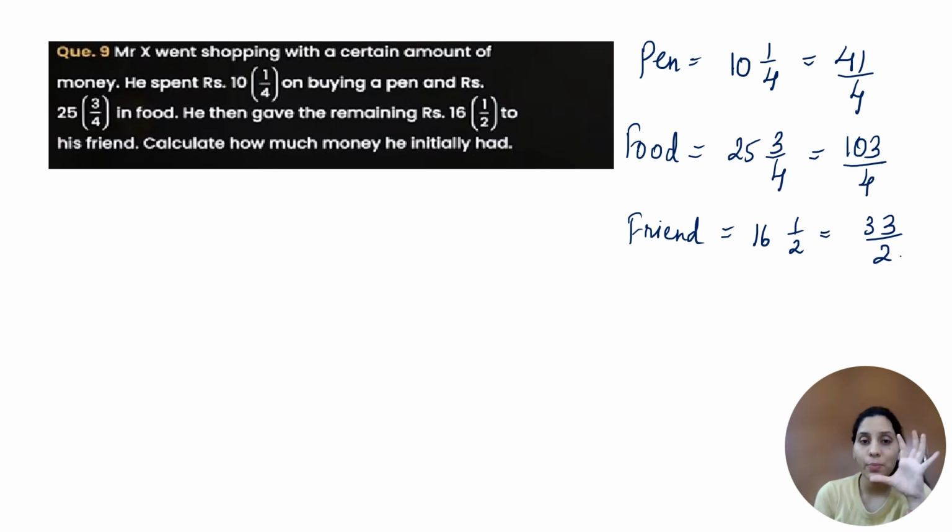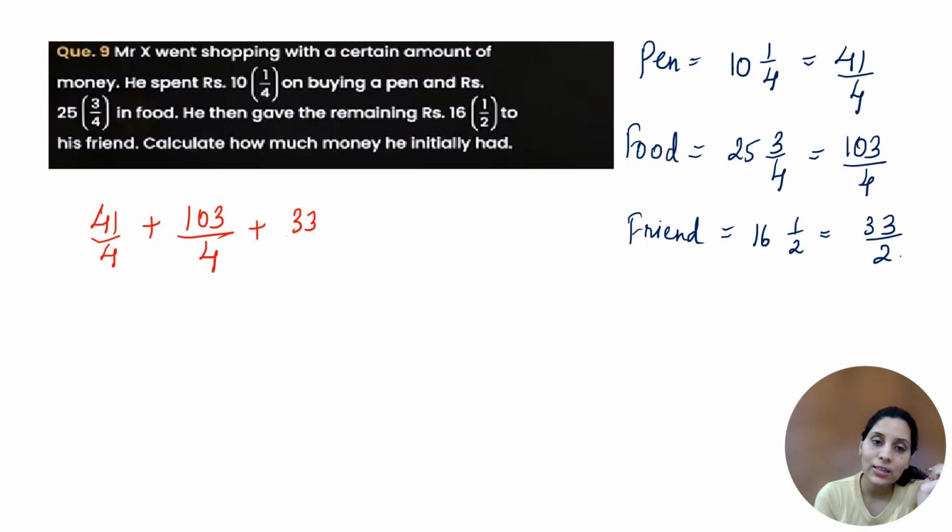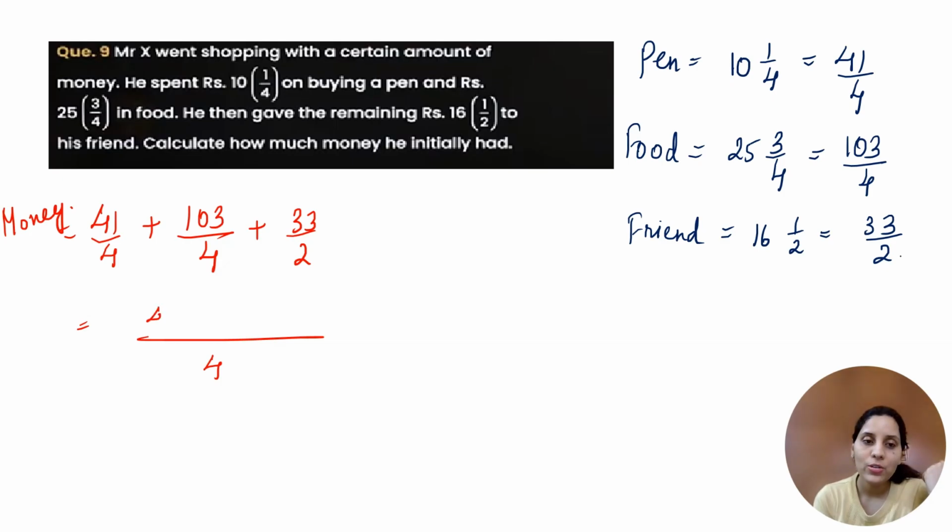Since he had spent all of his money, you will just add all of them to see how much he initially had. So 41 by 4 plus 103 by 4 plus 33 by 2. This is the amount of money he had. Whenever you have fractions, you will take the LCM. What is the LCM? 4. So 41 plus 103 plus 33 into 2, 3 2s are 6, 3 2s are 6.